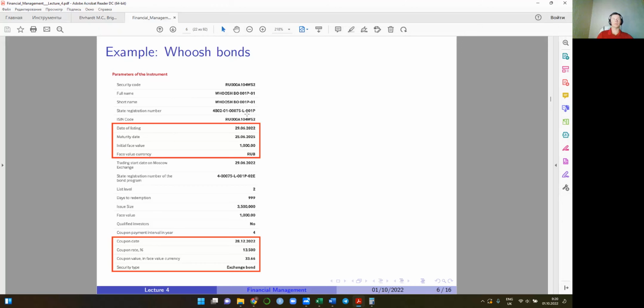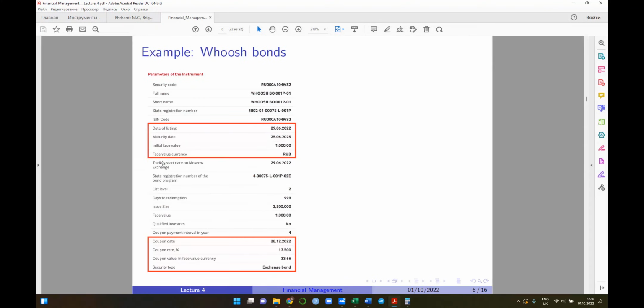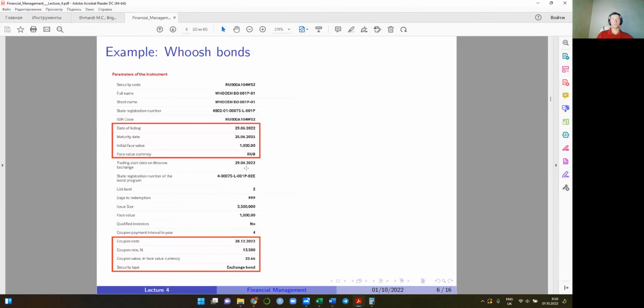Here, 29th June 2022, date of listing. So this is the date when these bonds were issued on the market. Maturity date, we have seen it. Initial face value, 1000 rubles. Trading start date on Moscow Exchange.